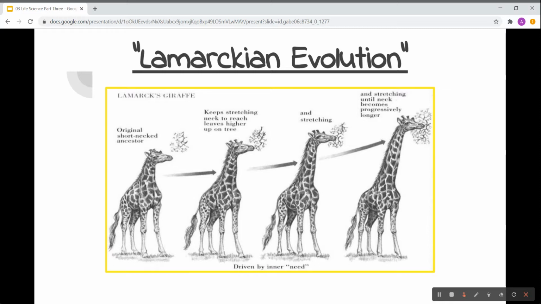So the difference between Lamarckian and Darwinism is that Lamarckian is driven by needs, something that needs to happen. As opposed to Darwin, where evolution is not based on what needs to happen. It's a matter of what needs to change, and it's a variety.